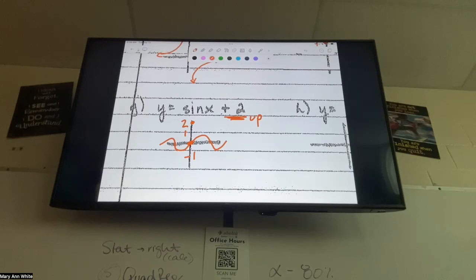What am I at? 3 and 1. Good. -1 is gonna move up to 1, and 1 is gonna move up to 3. Now, what some of you were doing when you told me -2 and 2, that's if I had a 2 out in front of the whole thing. That's if I had an A value of 2. We don't have that. Instead, I still just want my sine to wave back and forth up here. It's gonna go as high as 3 and as low as 1.